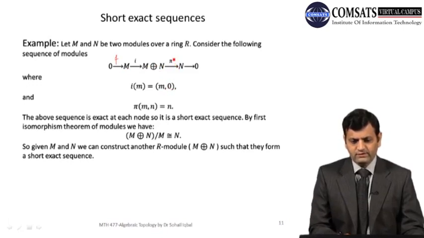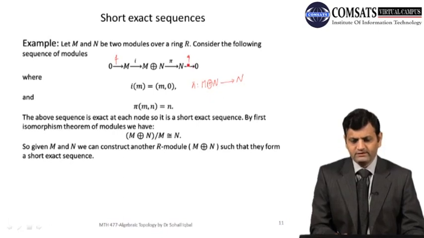Now how do we define this map pi? Pi is a function from M plus N to N. It takes an element (m, n) from the direct sum of these modules and gives me n, only the second coordinate of (m, n).